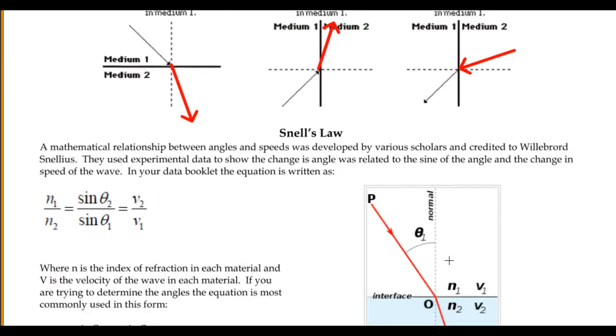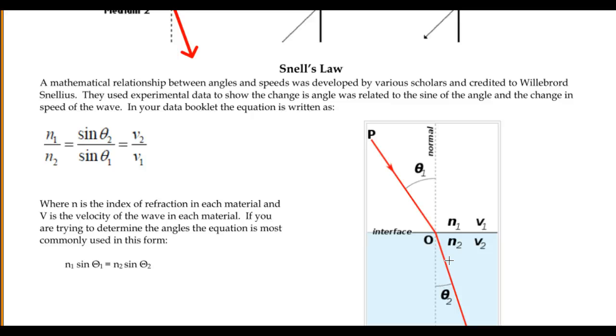Okay, now Snell's law is what allows us to actually measure the value of the angle. It's credited to a Dutch mathematician, Willebrord Snellius, back in the late 1500s, early 1600s, although it was actually found out earlier, it's just he got the credit.